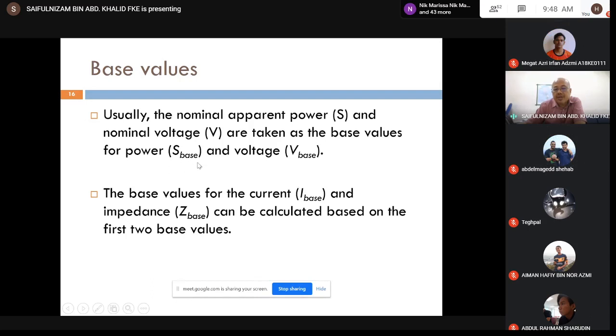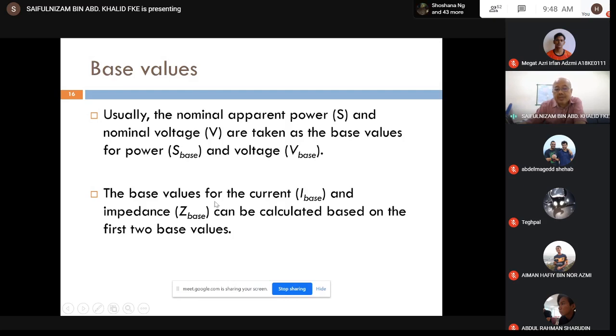Or S over V. Or you can find the Z first and then determine the current, or directly from S equal to VI, as the apparent power S equal to VI, so I equal to S over V.